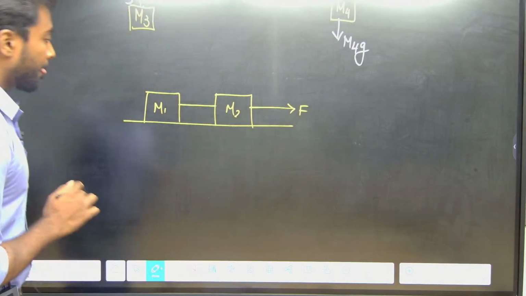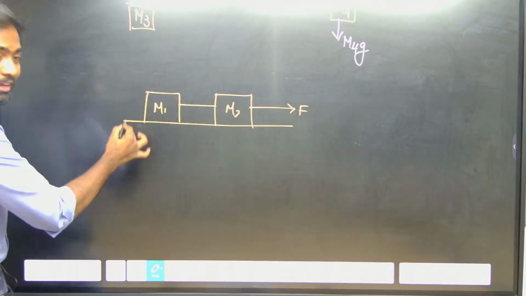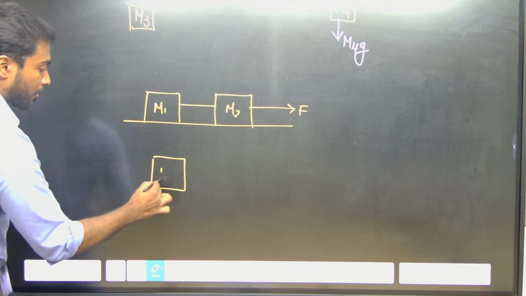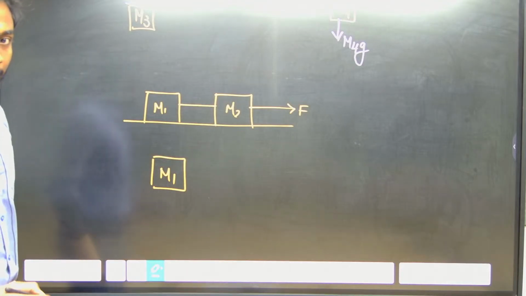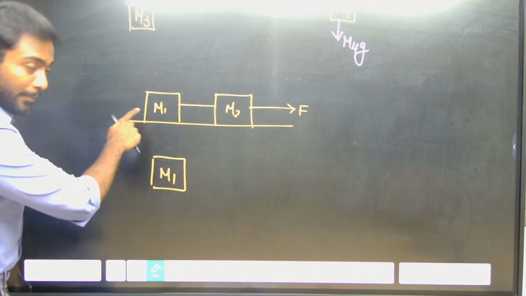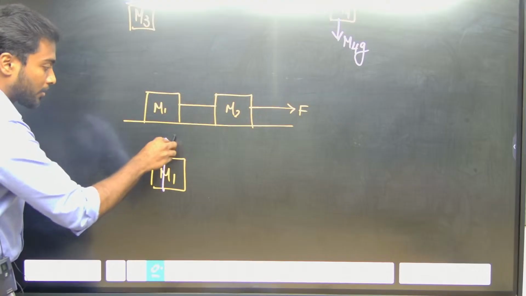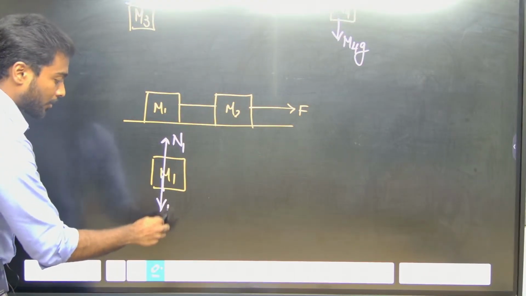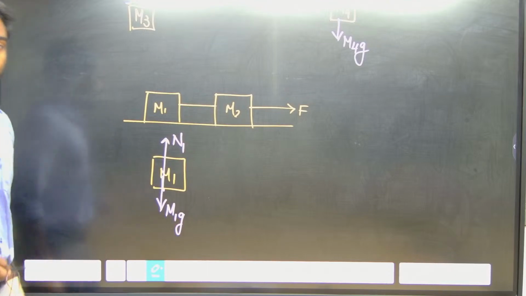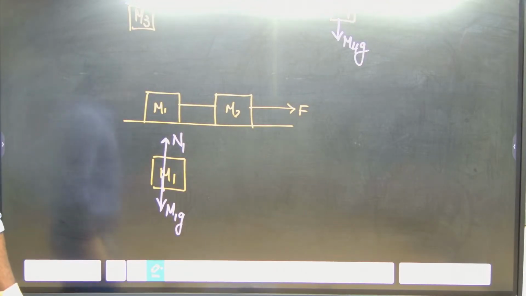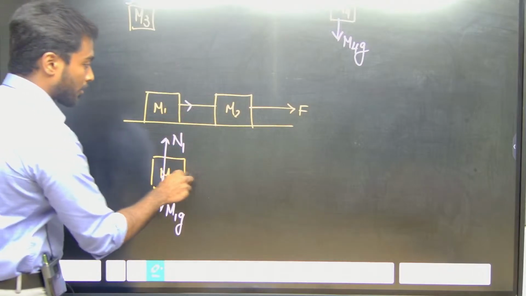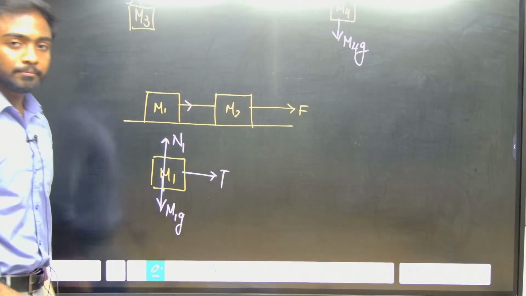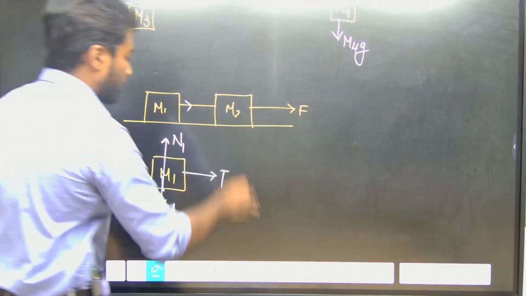That's it, right now. So if I talk about M1, how many forces are acting? Okay, normal force will be there, which is this one, N1 I'll take, and what else? The weight will be there, M1G. Okay, fine. And what else is there? Tension away from the body. So this is my tension. And what about M2?